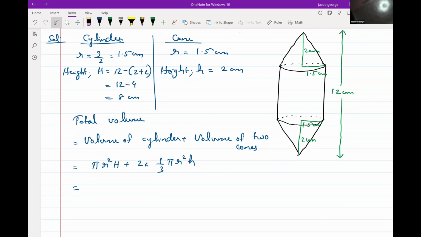Then substitute. That is pi r square into H plus 2 by 3 h. Pi r square is taken outside.